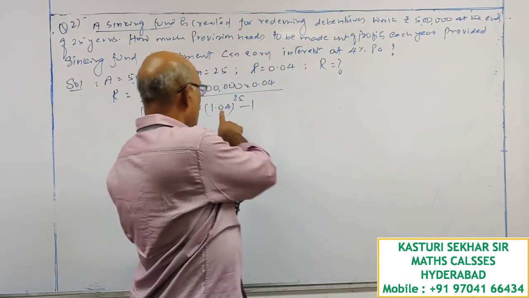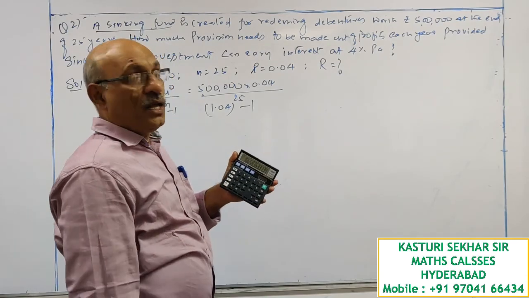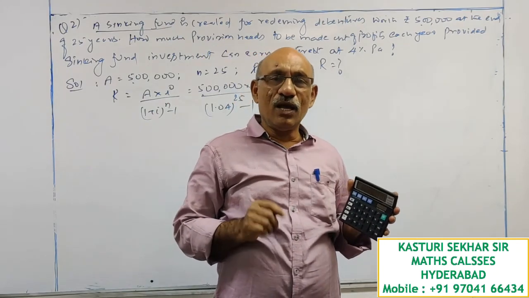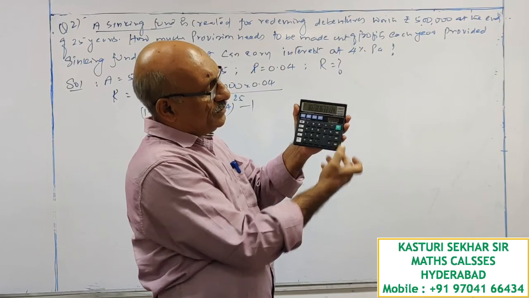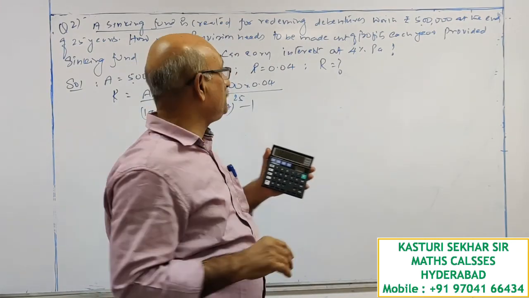Now from this I have to subtract 1 minus 1. So denominator is simplified. So I have to store this one in the memory. So press M plus button. So denominator value kept in the memory.